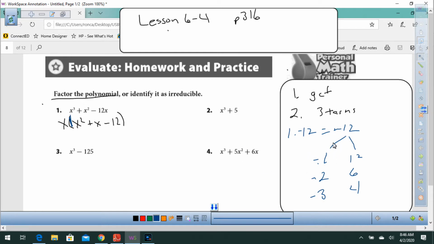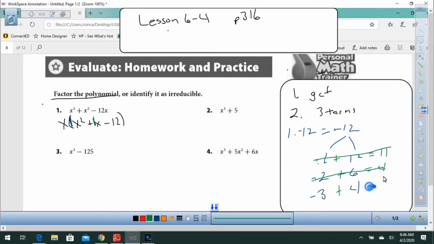What we're going to do is add these so that we get 1, since we've got a 1 here. So negative 1 plus 12 equals 11. That is not what we're looking for. Negative 2 plus 6 equals 4. Again, not what we're looking for.